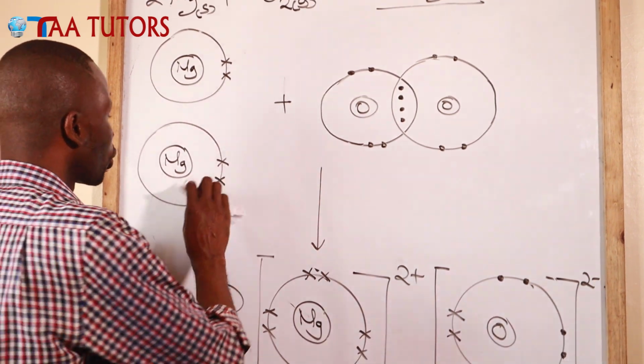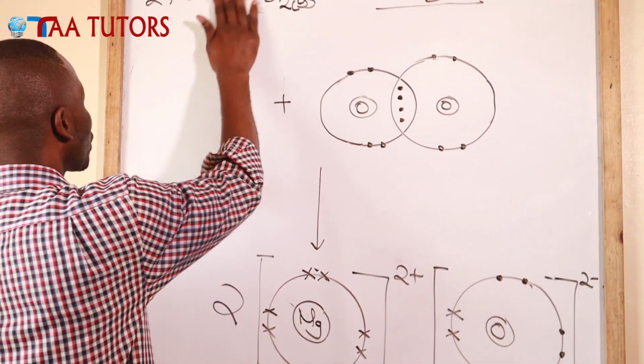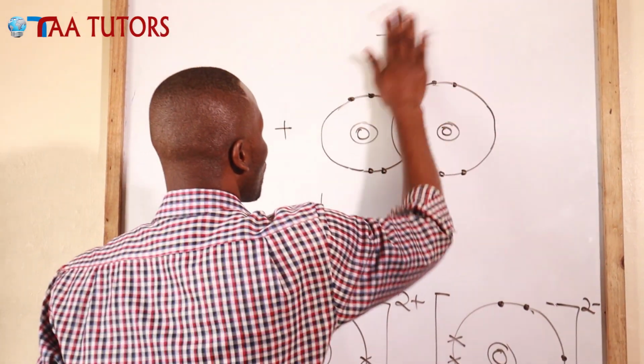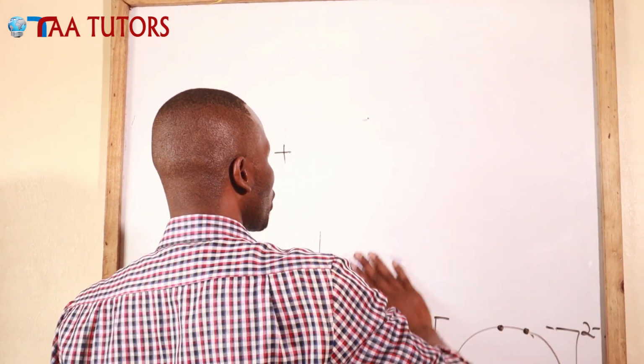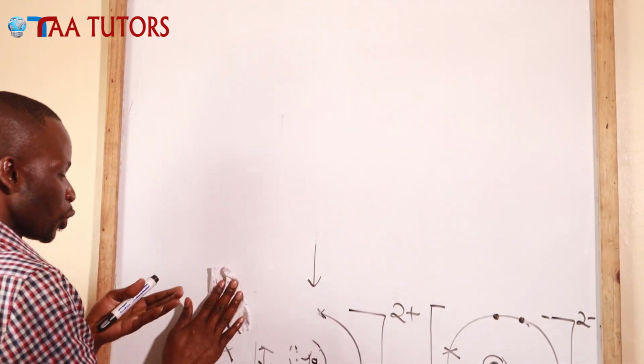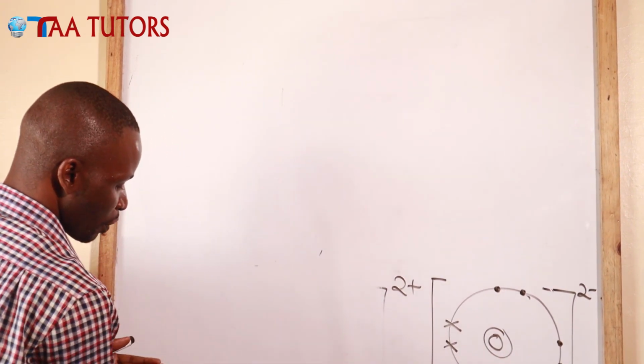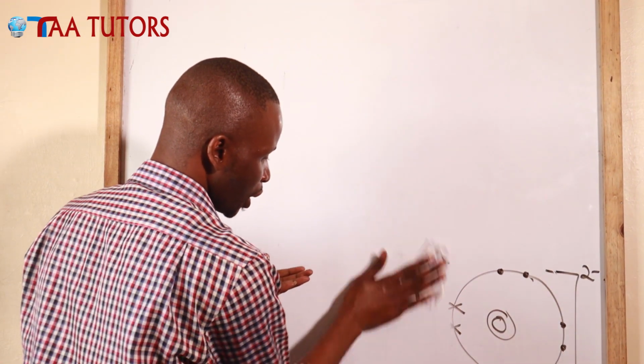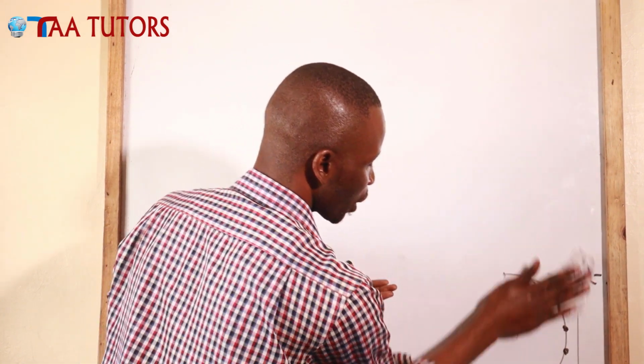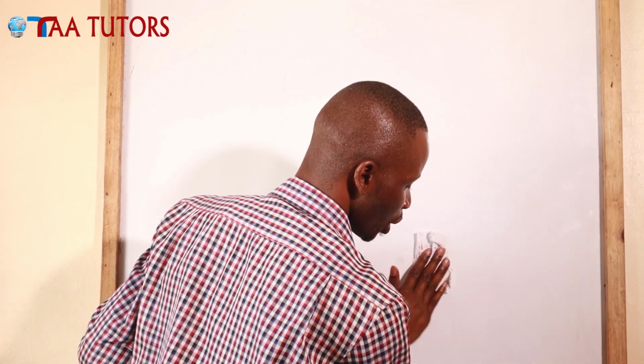Now quickly I want to show you something, and I don't want to give you equations, I want just us to understand something. We have been talking about a case where the metal needs to lose 1 and the non-metal needs to gain 1, in the case of sodium and chlorine. We have also looked at a case where magnesium needs to lose 2 and chlorine needs to gain 2.